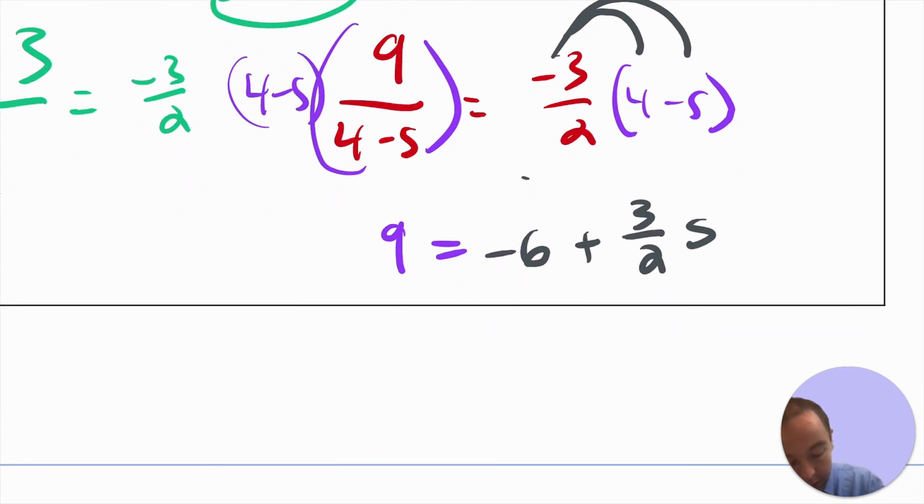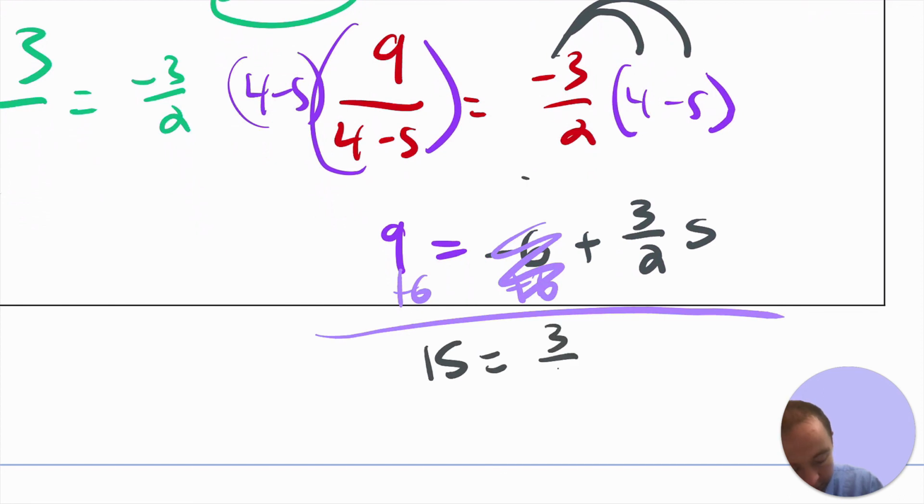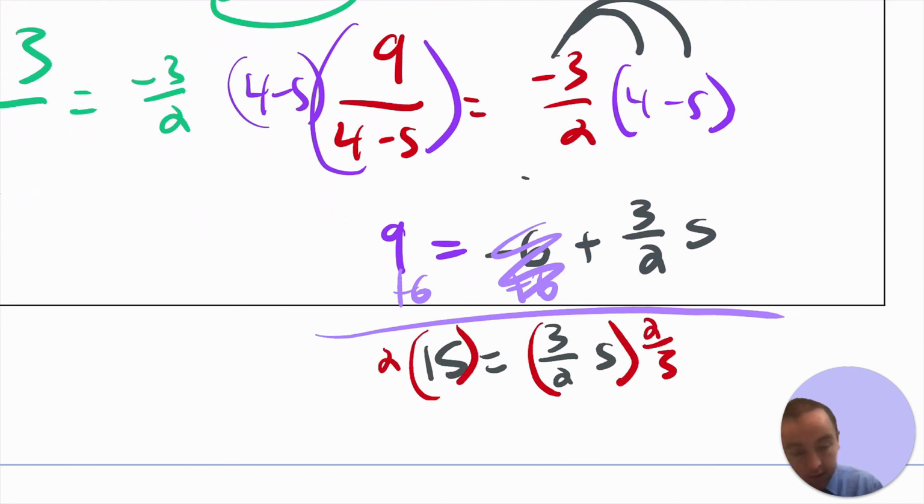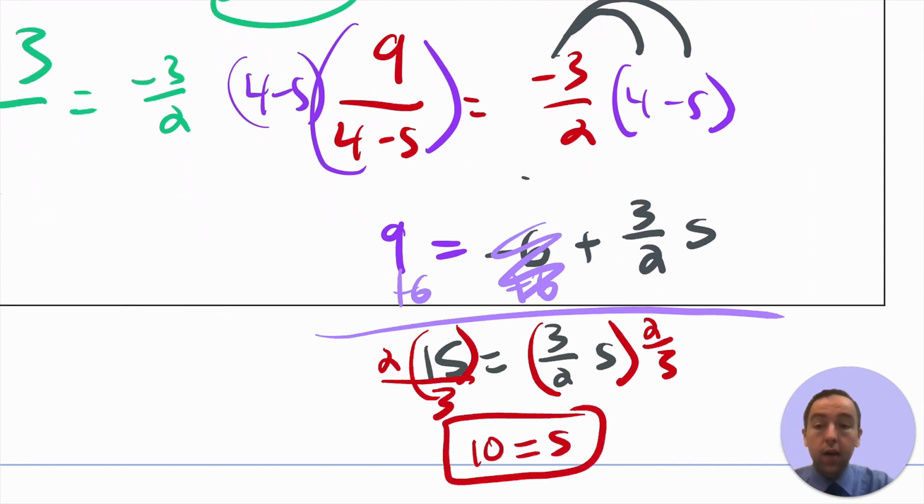And then we can next add 6 to undo that, and add 6 to the other side, so that's going to give us 15, which equals 3/2 times s. Then we can undo the multiplication by 3/2 by multiplying that side by 2/3, and also multiplying that side by 2/3, which is going to give you 30 over 3, but 30 over 3 is 10, so that gives us the value there for s.